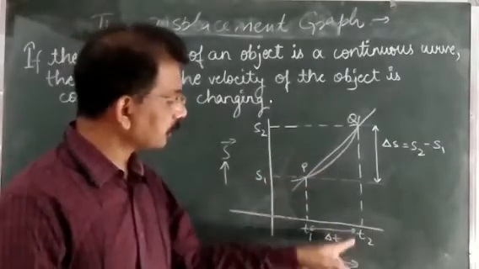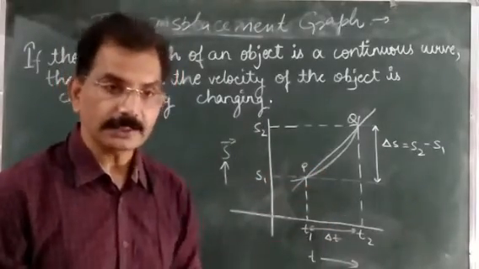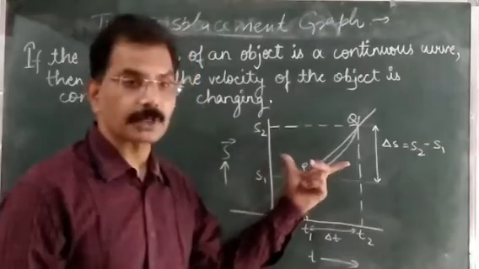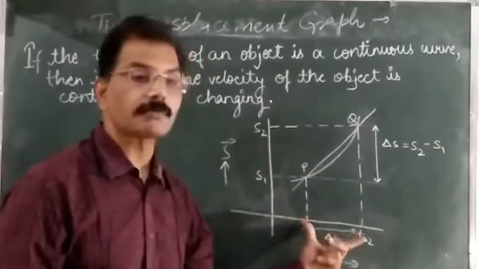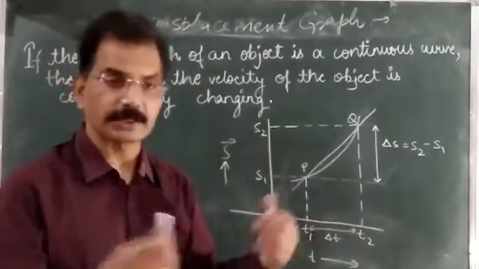And with the help of such a graph, we can find the average velocity of that object in any interval of time, as well as the instantaneous velocity.